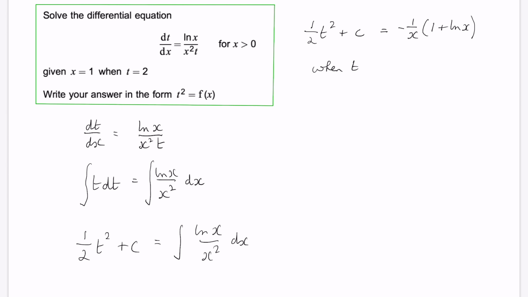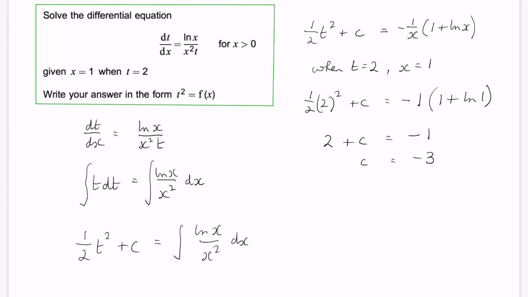When t equals 2, x is 1. So a half of 2 squared plus c is minus 1 into 1 plus log 1. But log 1 is 0. Half of 2 squared, half of 4 is 2, plus c is minus 1 times 1. In other words, minus 1.